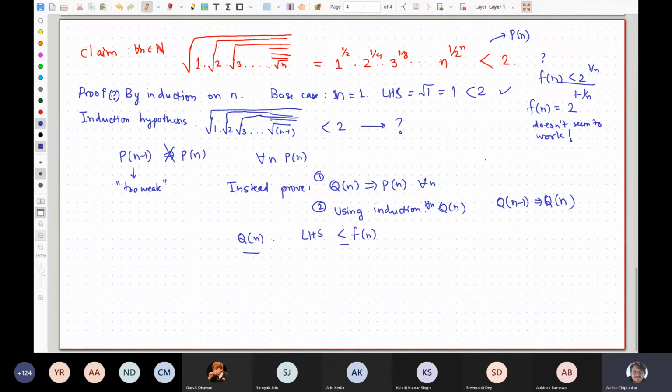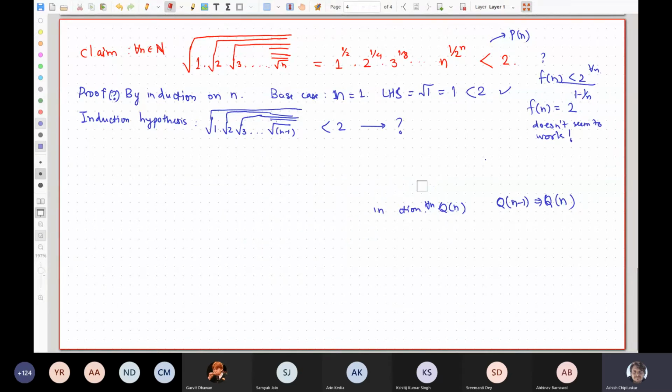High level idea: in the proof that I am going to present, we are still using the same high level idea. So what we'll do is get a stronger claim. How do you get a stronger claim in this case? If you just carefully observe this expression, it essentially has a copy of itself embedded within itself.